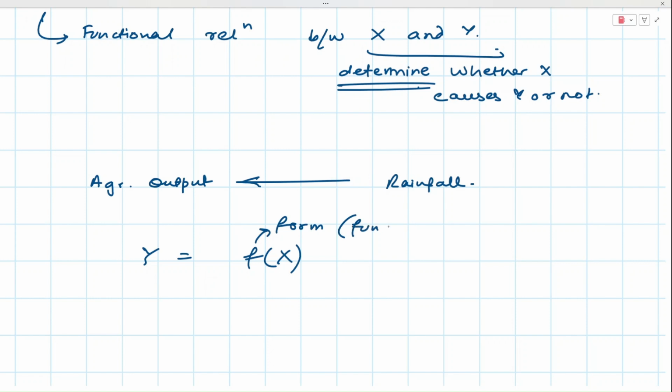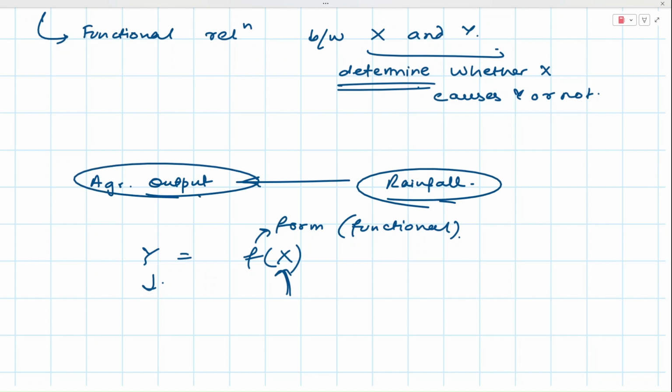Some functional form of x gives you the value of y, which means when you put in x, you get the value of y, as if x is causing y. So when you're considering the relationship, rainfall is causing agricultural output, so we take the cause as x and we take the effect as y.